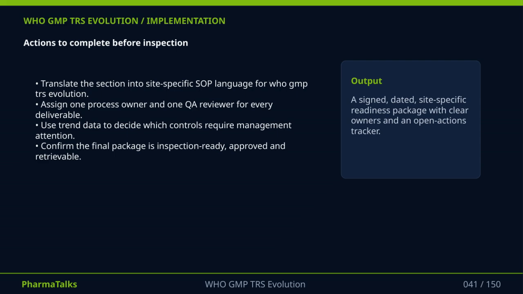Finally, we confirm that the entire package is inspection ready, meaning it is fully approved, finalized, and easy to retrieve when needed. The key output from this process is a signed and dated readiness package tailored to our site, which includes clearly identified owners and an open actions tracker to monitor any ongoing tasks. This comprehensive approach helps us maintain compliance and be fully prepared for any inspections.